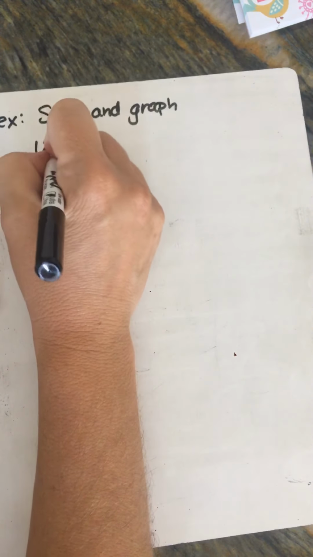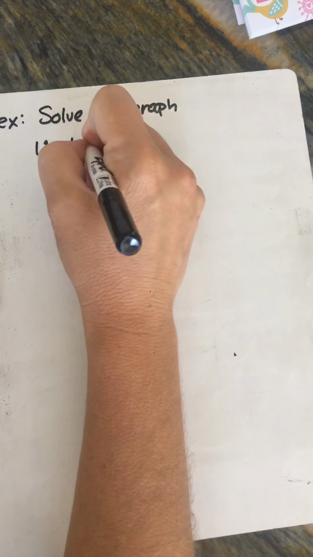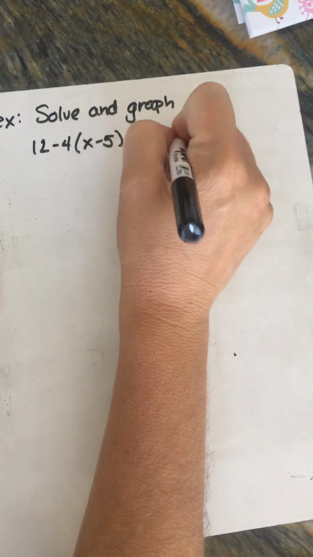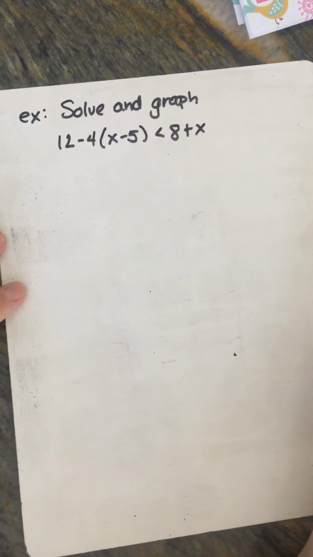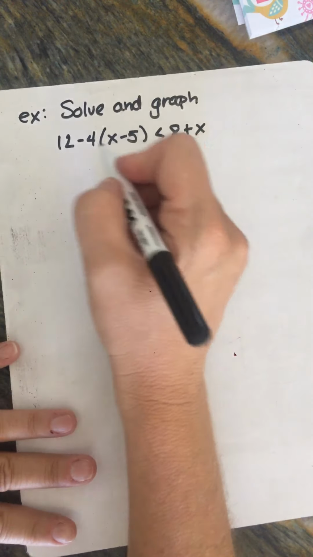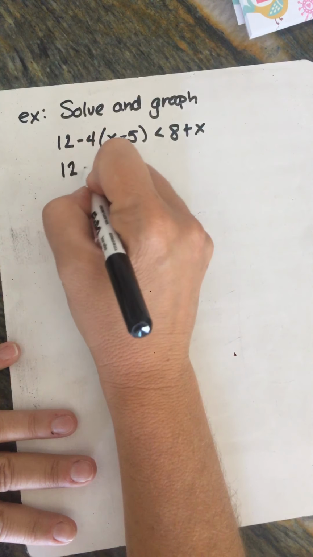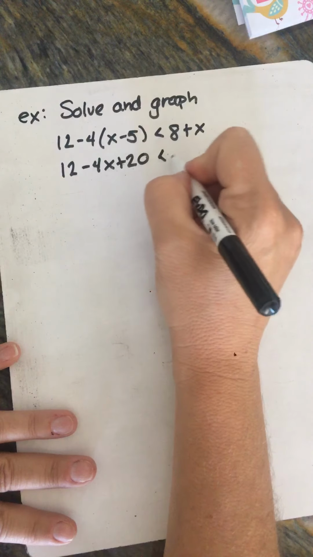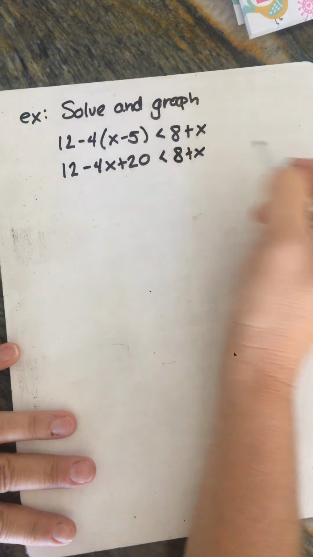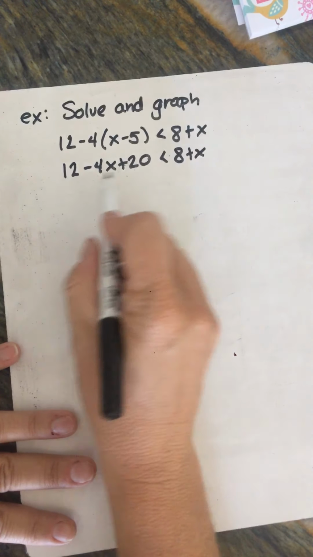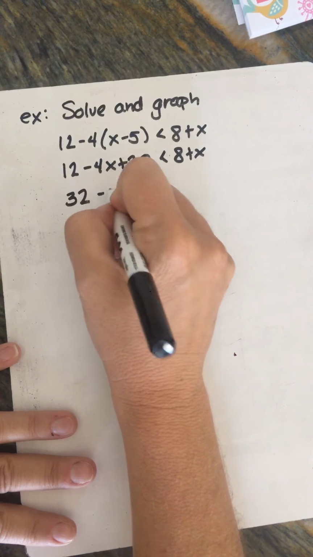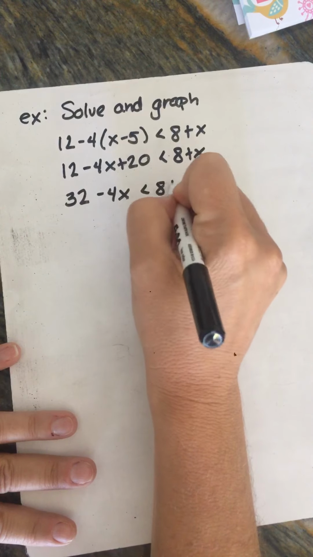So we've got 12 minus the quantity, or 4 times the quantity x minus 5, less than 8 plus x. Distributing the negative 4 over the subtraction, so 12 minus 4x plus 20, be very careful, less than 8 plus x. All right, I'm going to combine my like terms on the left, so 32 minus 4x less than 8 plus x.